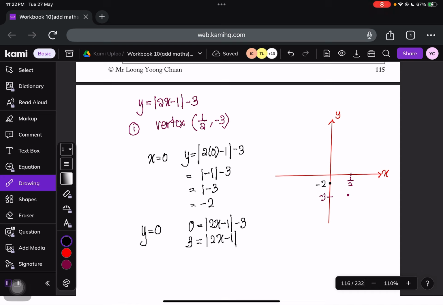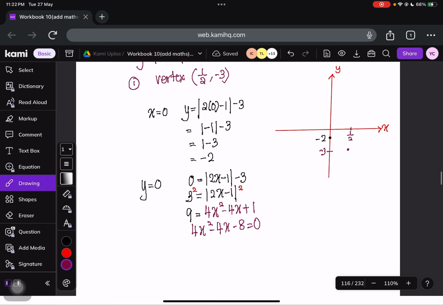So let's square both sides. So 9 equals 4x squared minus 4x plus 1. Then I have 4x squared minus 4x minus 8 equals 0.